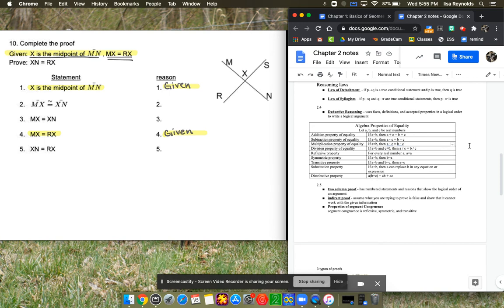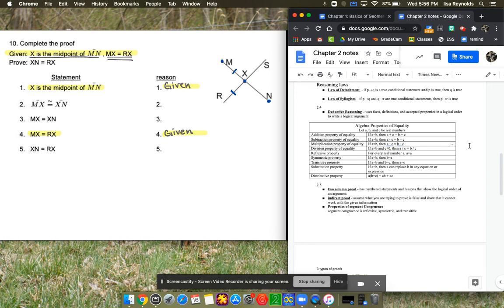So all of the given information, your reason that it's written down is that it was given to you. So we were given that this X is a midpoint of MN. So my X is in the middle of M and N. And we were also given that MX is equal to RX.